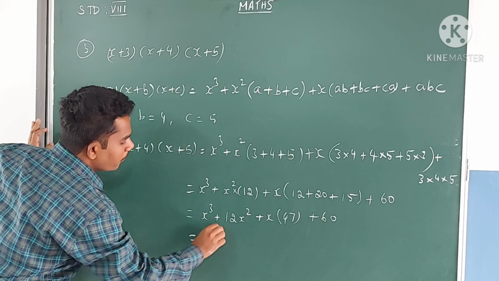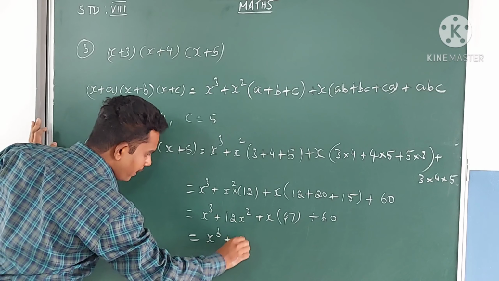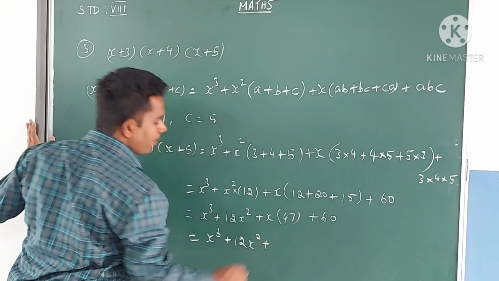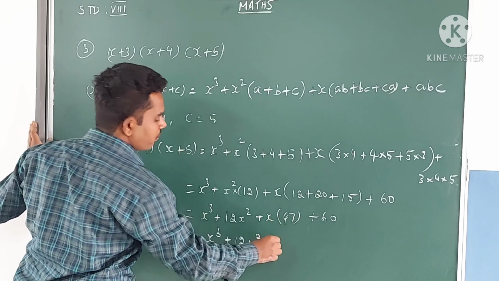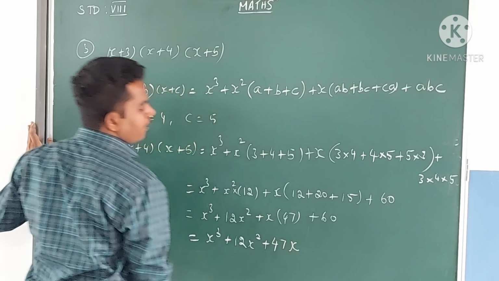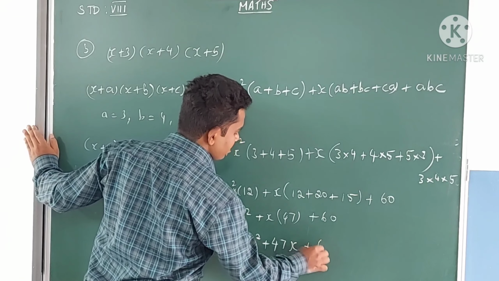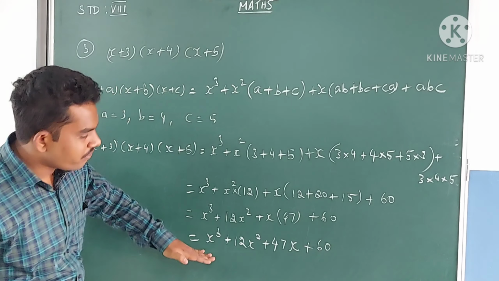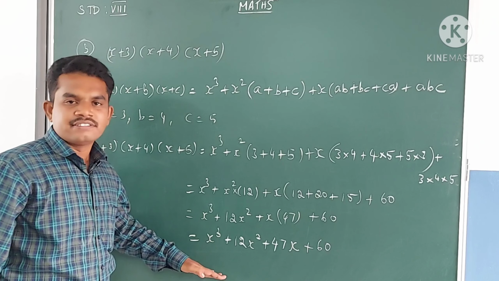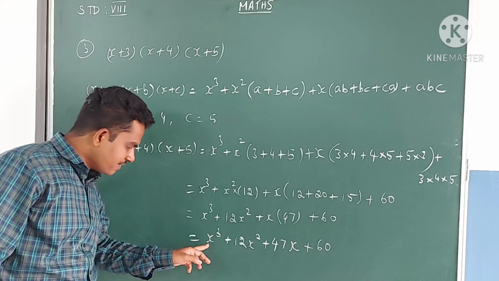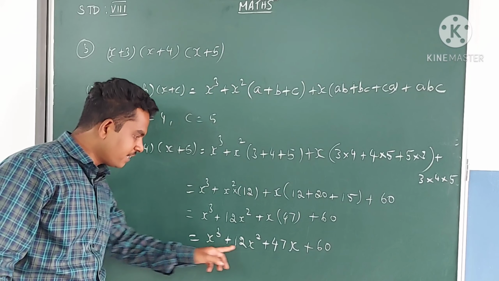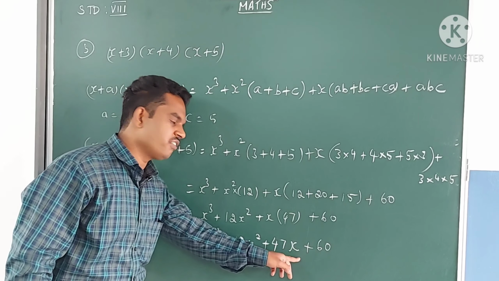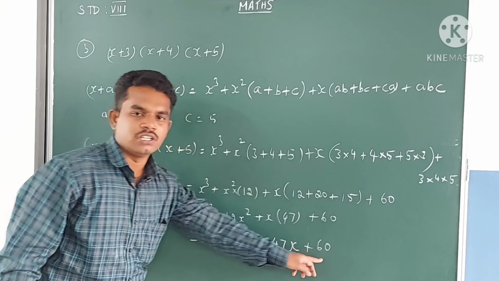So x cube plus 12x square plus 47x plus 60. This is the final resultant value. Why? This is also an unlike term for x square, this is also an unlike term for x, and it's a constant term.